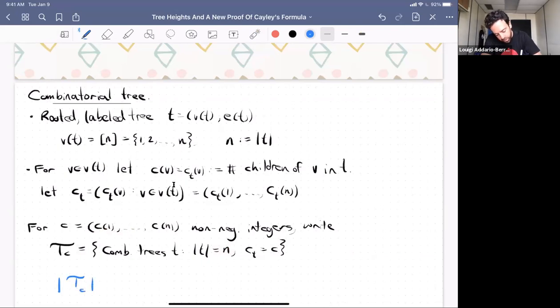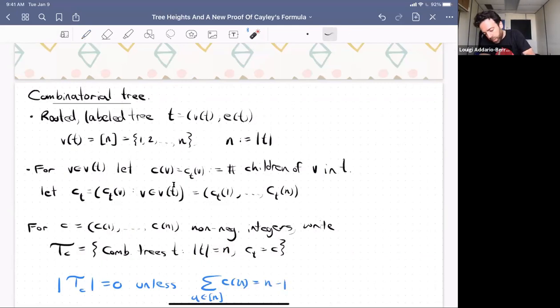So this set of combinatorial trees with a given child sequence will only be non-empty if the sum of c_u for u from 1 to n is equal to n minus 1. That's just because in any tree, if each vertex sums its number of children, then you're counting all of the edges of the tree, which is 1 fewer than the number of vertices. Okay, so that's what a combinatorial tree is.